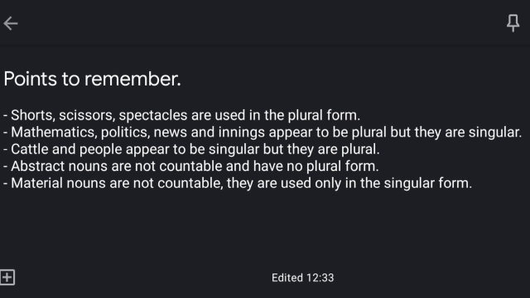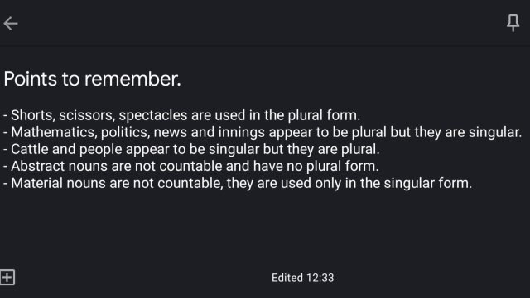Moving on to the last slide, there are a few things that we have to remember. Shorts, scissors, spectacles are used in the plural form. These three words are of the plural form only. Mathematics, politics, news and innings appear to be plural, but they are singular.